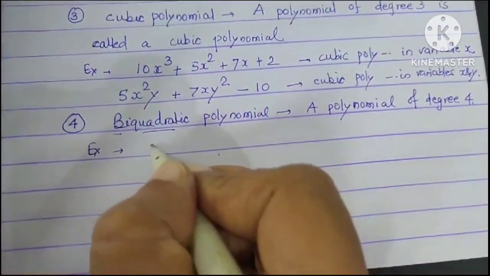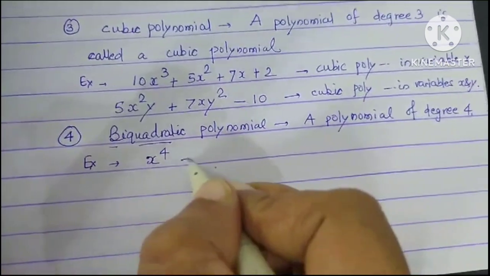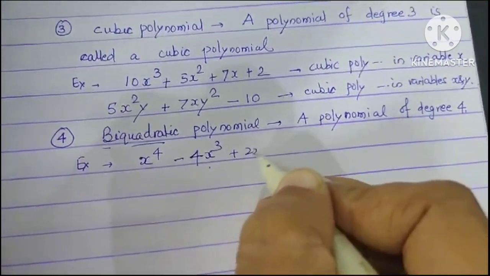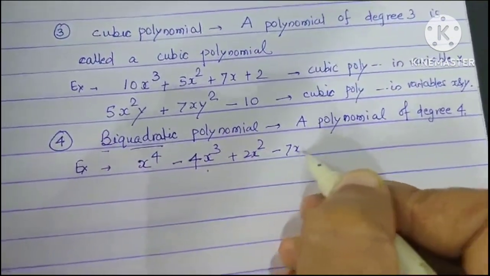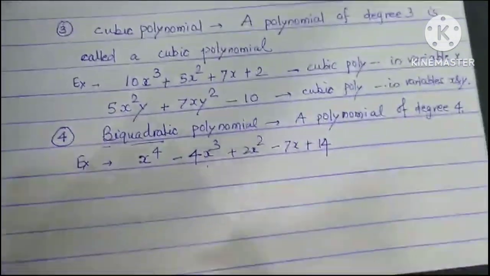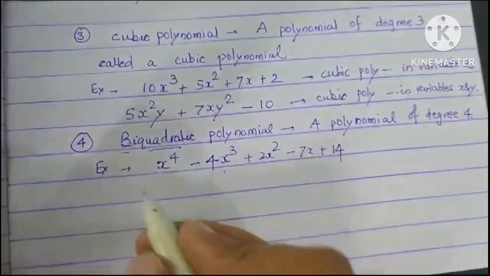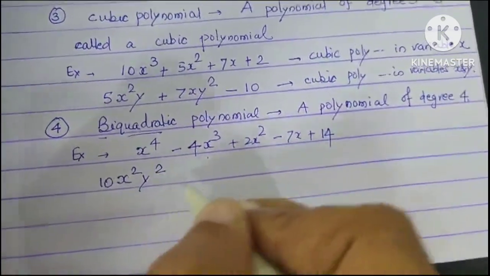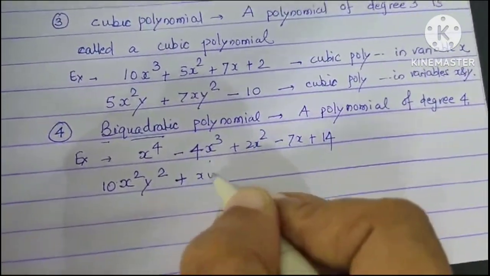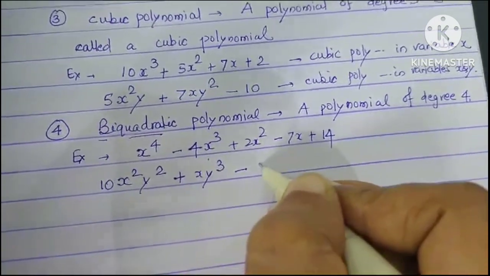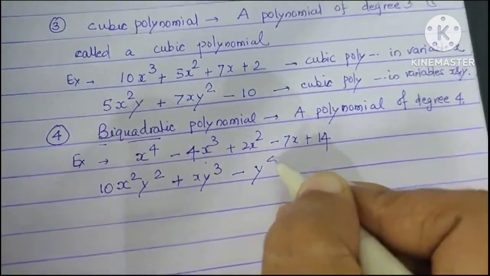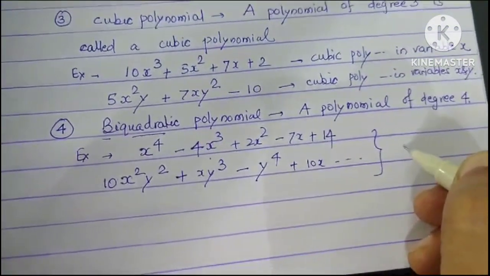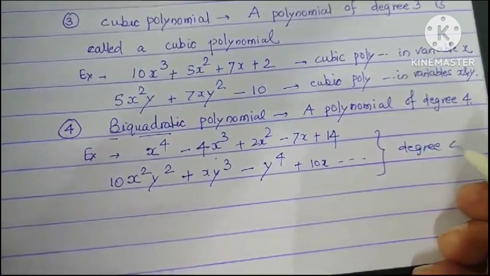Let us write the examples: x to the power 4 minus 4x cube plus 2x square minus 7x plus 14. You can write more examples like 10x square y square plus xy cube minus y to the power 4 plus 10x. So both will be polynomials of degree 4.